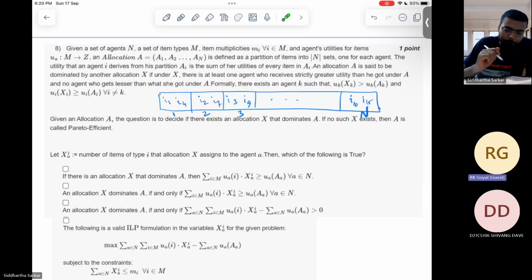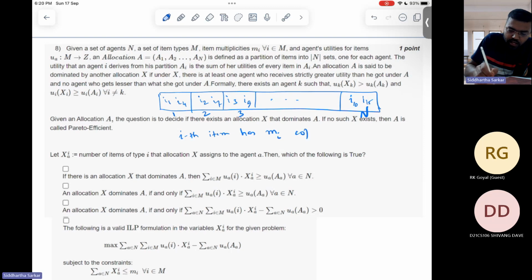What does the small mi stand for? In the very first line, it is given that it is the multiplicity. The ith item has mi copies. For example, the ith item is a notebook, and there are mi notebooks in the supply.